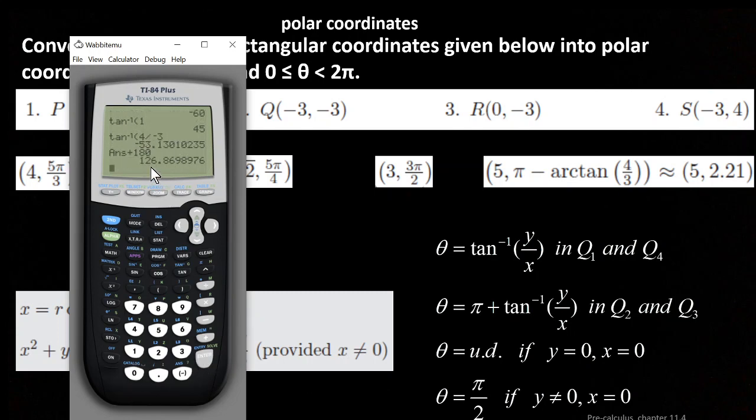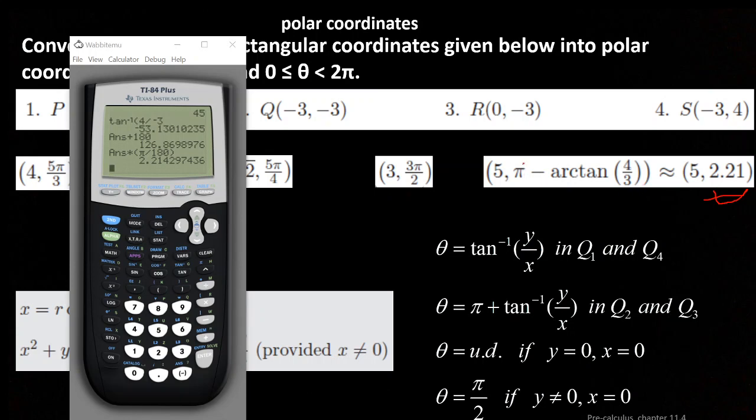So the angle that we want is 126.86 degrees. Now, if you multiply it by pi divided by 180, you can convert it to radians, which is 2.21, which is the same thing that we have here, right? Right there.